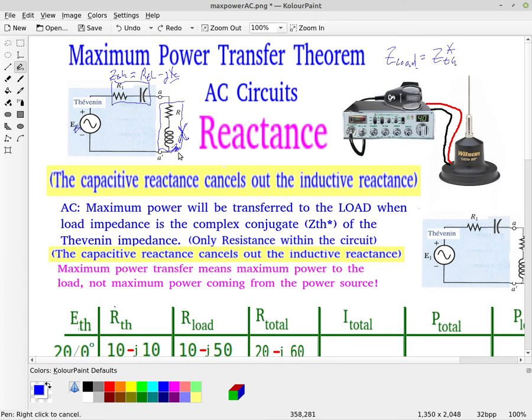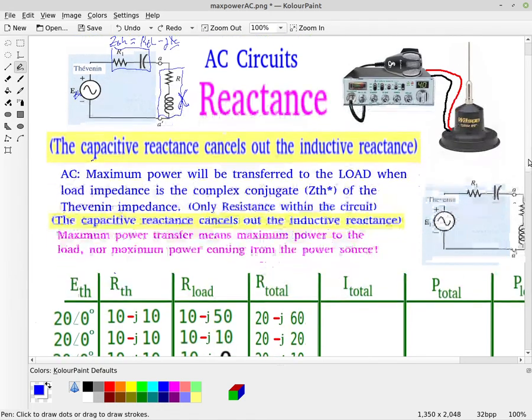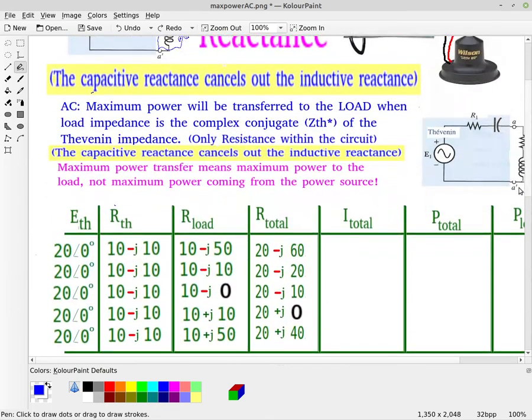If I have a capacitor in my Thevenin impedance, I'm going to need an inductor in my load. The goal is that the inductive reactance within the load exactly matches the capacitive reactance within the Thevenin, so those cancel out and I'm left with just resistances. Then we're back to the example from the first video where we only had resistance.